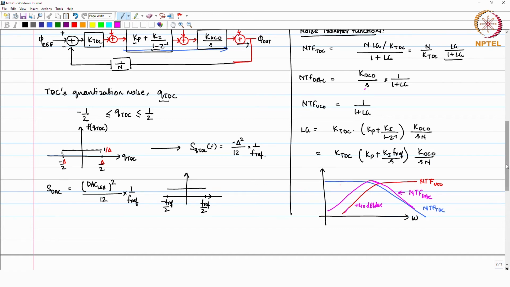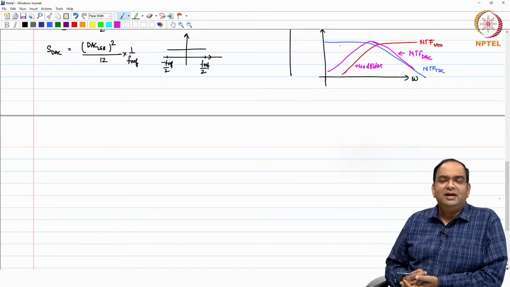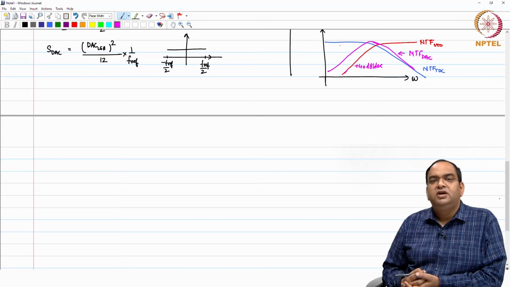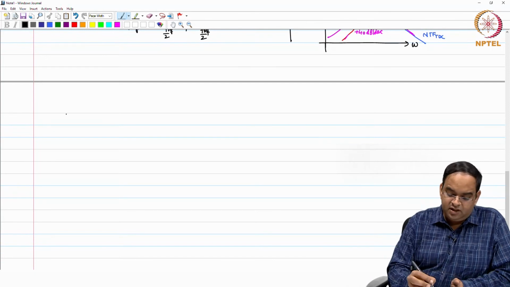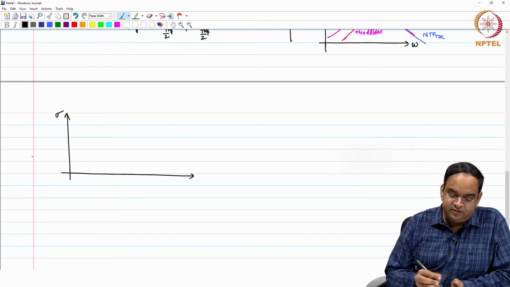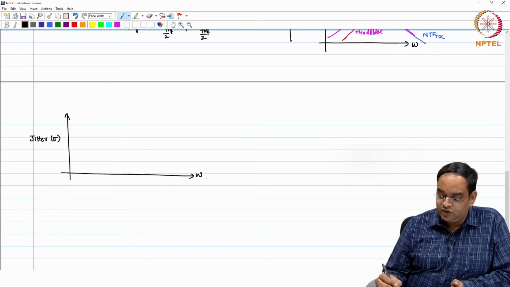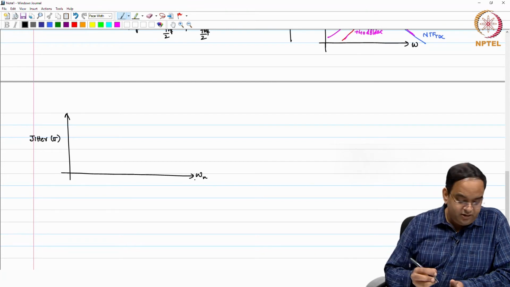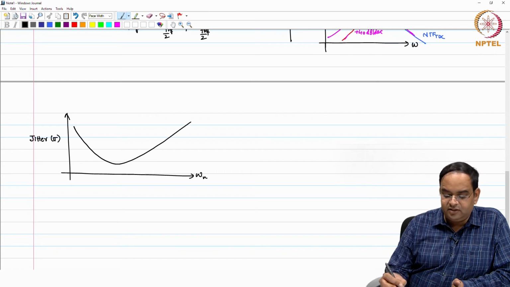Given an example where you have the VCO phase noise and a certain TDC, if I plot integrated jitter, sigma, versus the bandwidth which I choose, omega u for the PLL, the jitter contribution will be something like this.